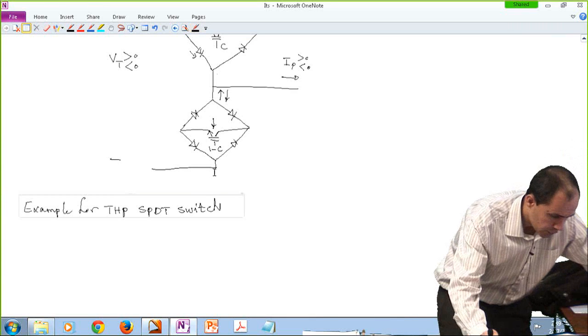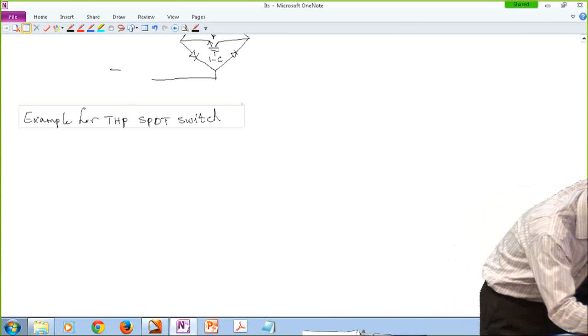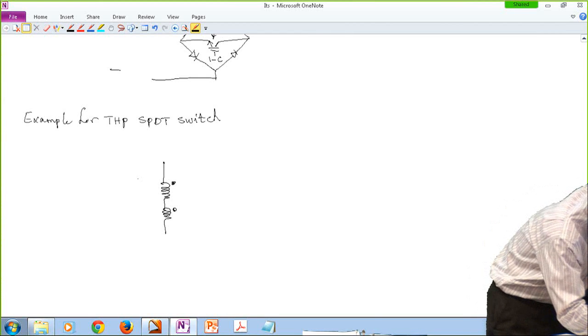Okay, so I'm going to draw it. This is the secondary side of the transformer, and I have a primary side. So I have an AC voltage here.